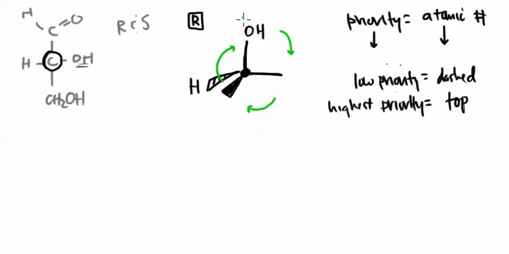This is my number one priority up here at the top. I now need to figure out what my number two priority is, because whatever that group is, that's the group that's going to go here, because it needs to point right-handed. It needs to go clockwise. So R's go right-handed, which means clockwise around the molecule.